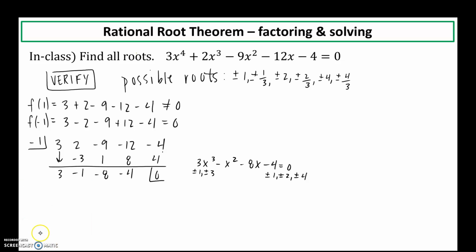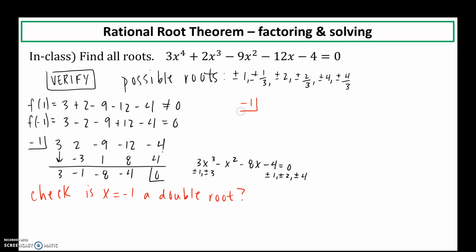So before you jump there, always check. From this step, we're going to check, is x equals negative 1 a double root? Because if it's a double root, I'm going to go through synthetic again, and if I get a remainder of 0, it puts me in a good spot for solving.